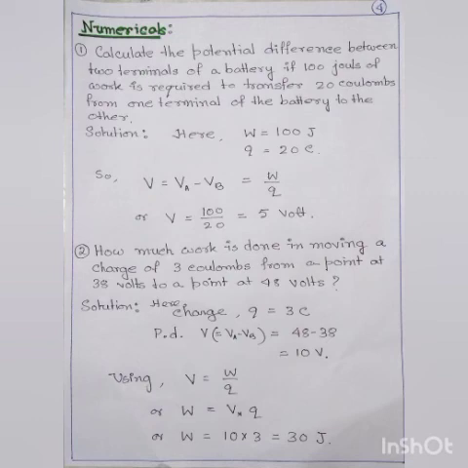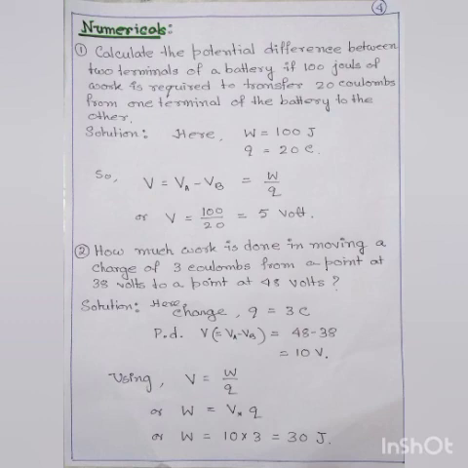We know there are two terminals in a battery, positive and negative. So if we want to move 20 coulomb charge from one terminal to another, the work we have to perform is W equals 100 joule. What is the formula for potential difference? VA minus VB equals W by Q. Just substitute the values of W and Q. What will we get? The potential difference between the two points will be 5 volt.